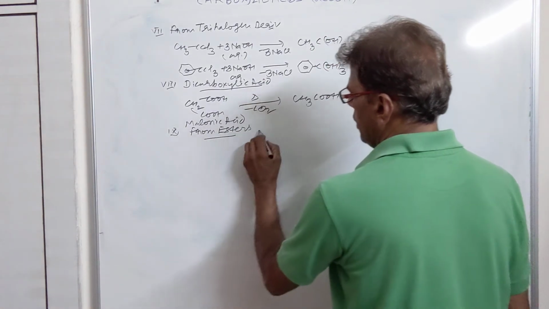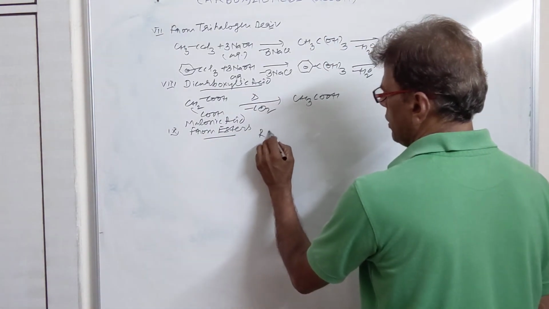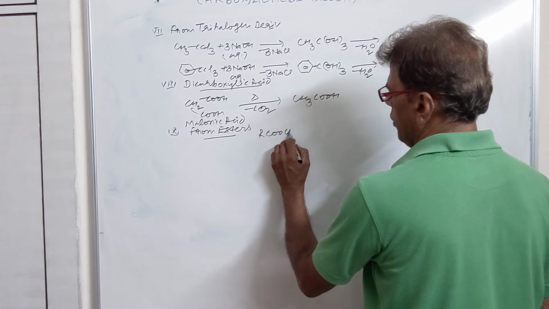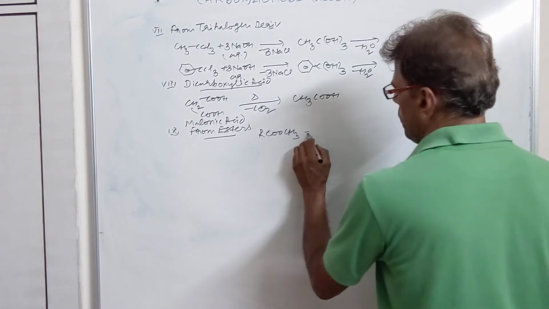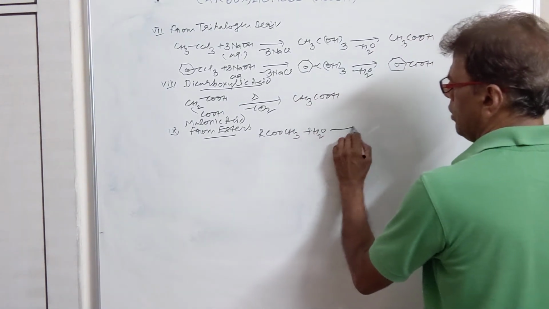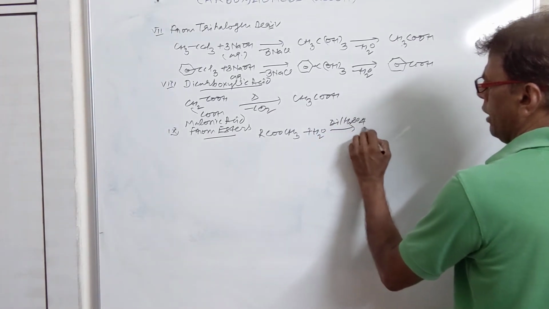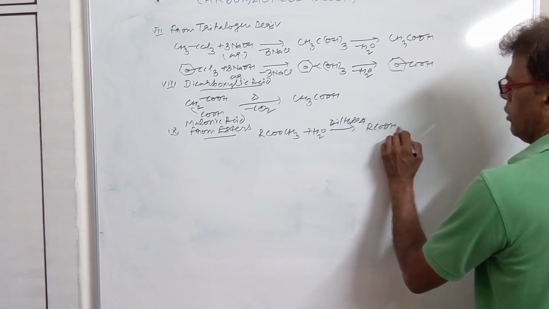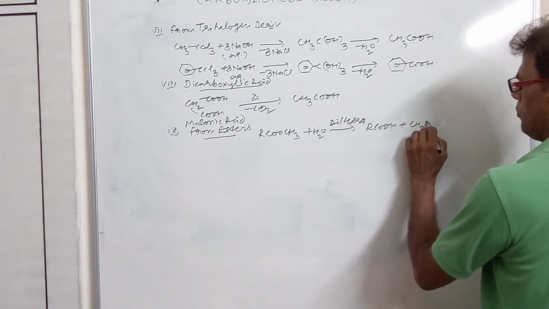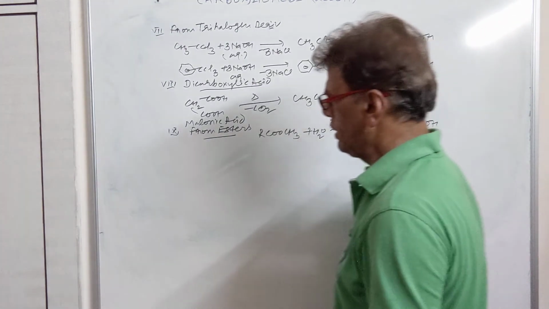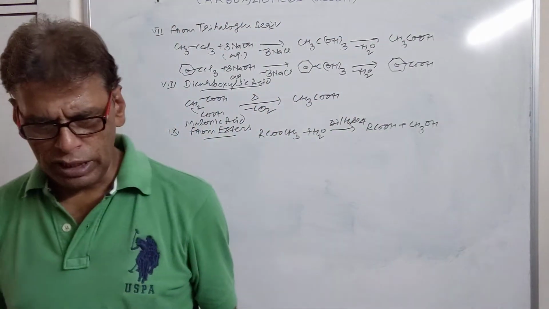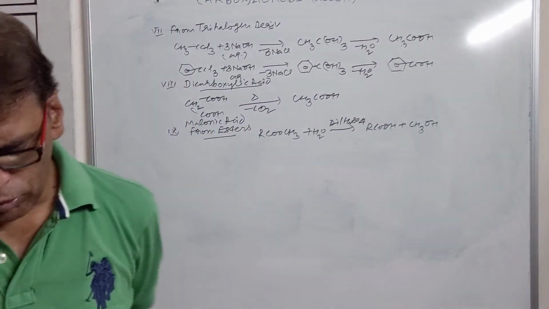We know esters are the alkylated compounds of carboxylic acid. When they are treated with water in the presence of dilute H2SO4, we get RCOOH plus CH3OH. So esters can be converted into carboxylic acid by hydrolysis.